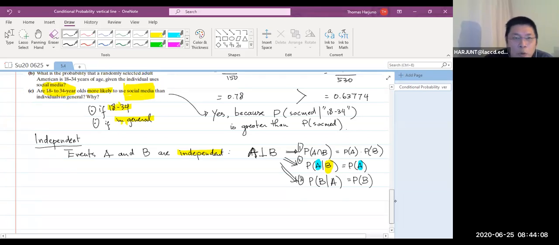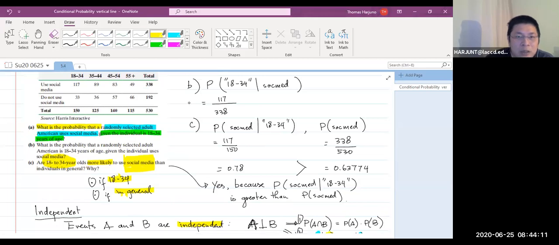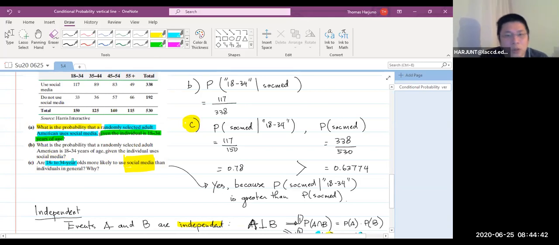Going back to this question, part C here, actually I prefer to ask the question: is the fact that somebody is using social media and that person is 18 to 34 years old, are they independent events? Is the event using social media and being 30 to 40 years old independent?